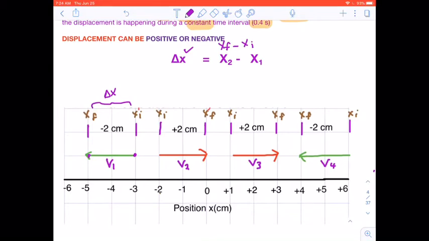So if it starts off here and it ends off there, what would our change in x be?